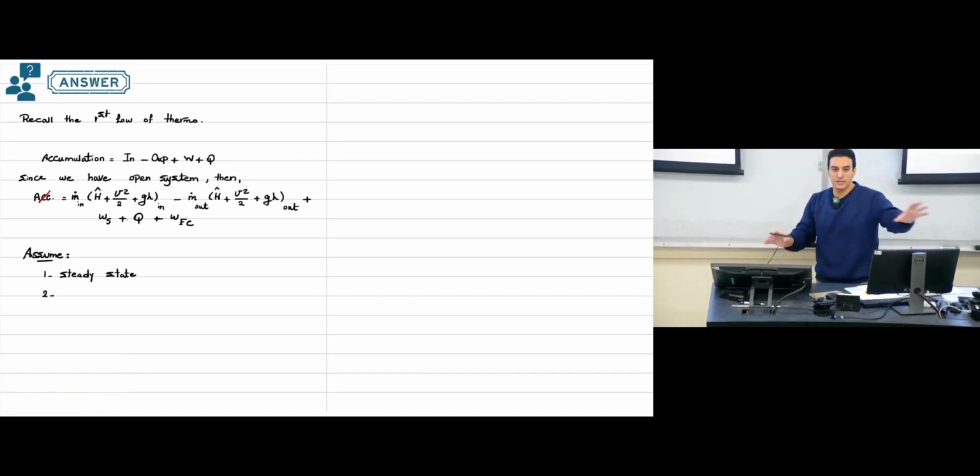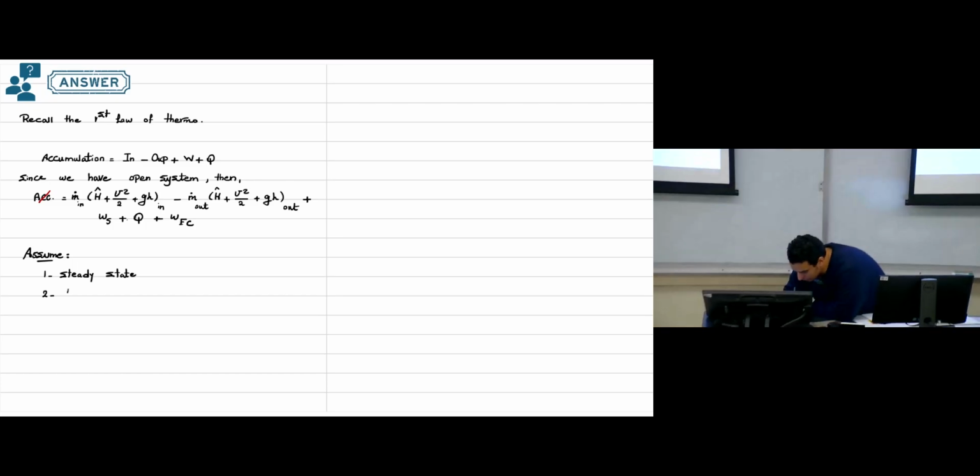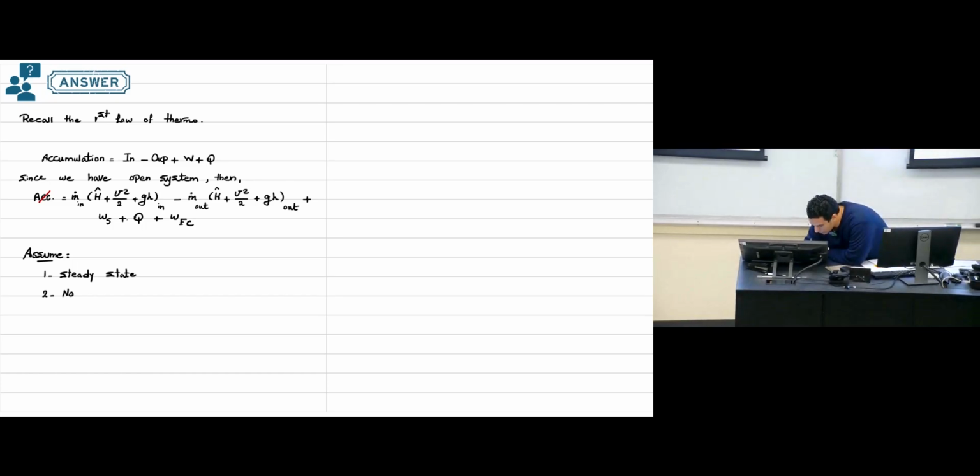There's no difference in the elevation between inlet and outlet. Okay, so here one, there is no elevation change between inlet and outlet.